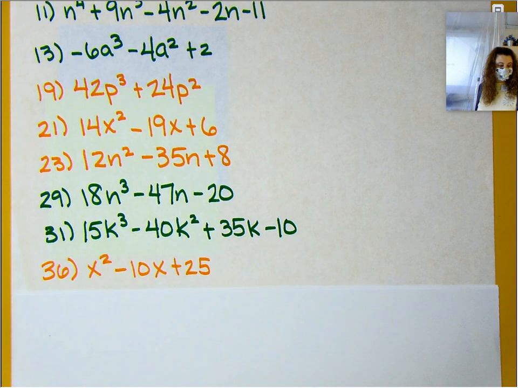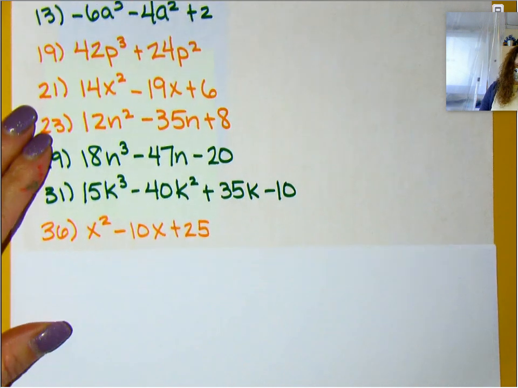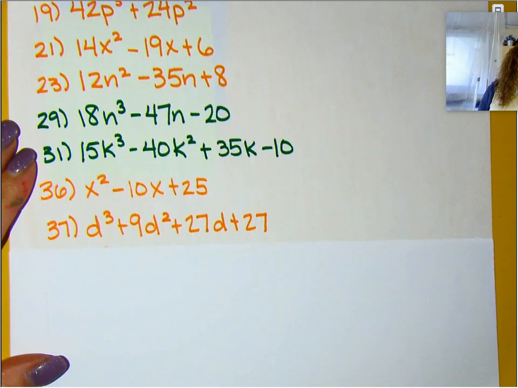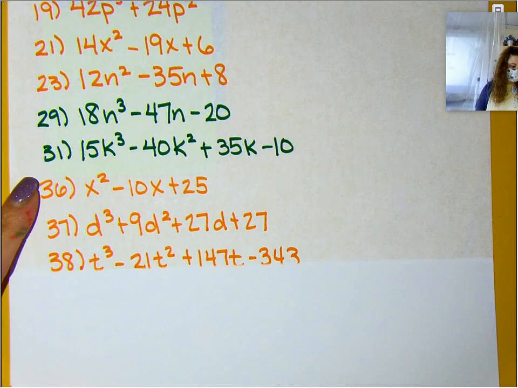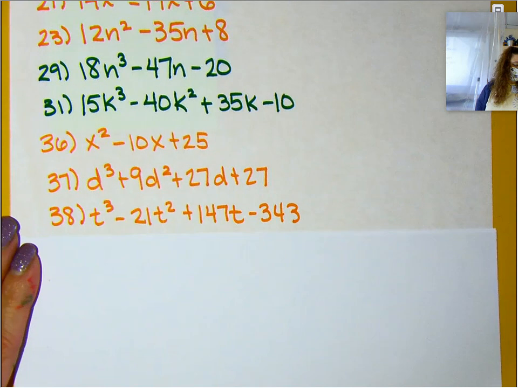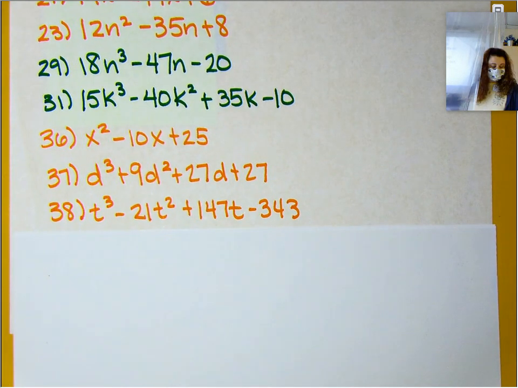36 is x squared minus 10x plus 25. 37 is d cubed plus 9d squared plus 27d plus 27. 38, t cubed minus 21t squared plus 147t minus 343.